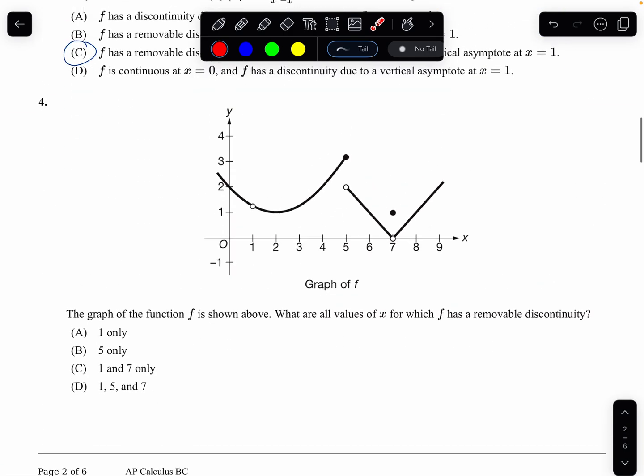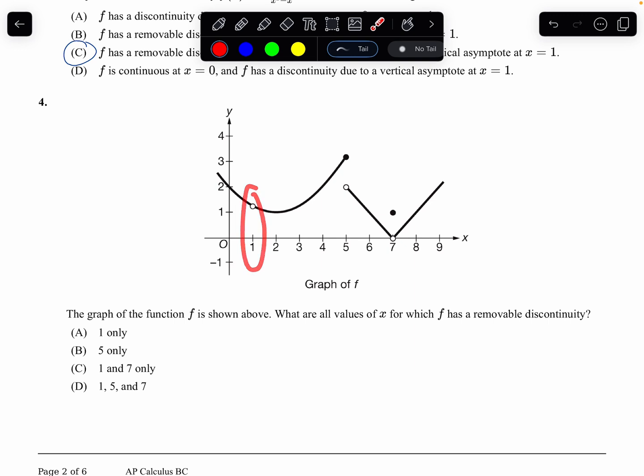And so if I'm looking at this graph, I see two spots where that could be the case. I see x equals 1 and I see x equals 7. So you could define the function at 1 to be 1 and be continuous, and then you could redefine at x equals 7 from 1 to 0, and then it would be continuous.